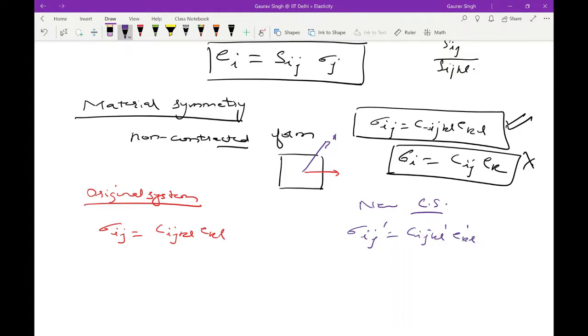Since the stress is a tensor, it will transform according to this law.